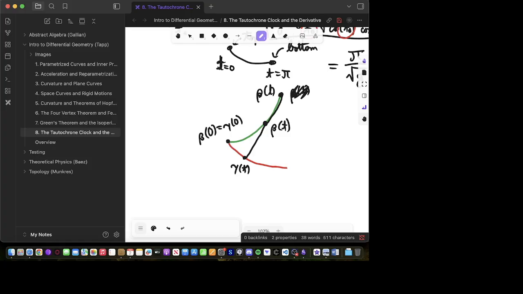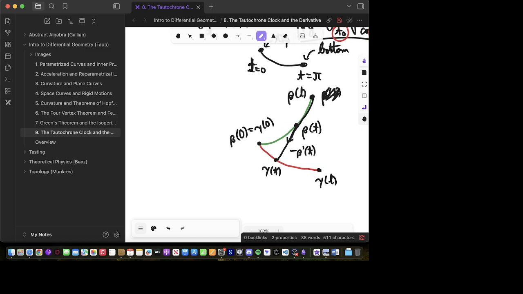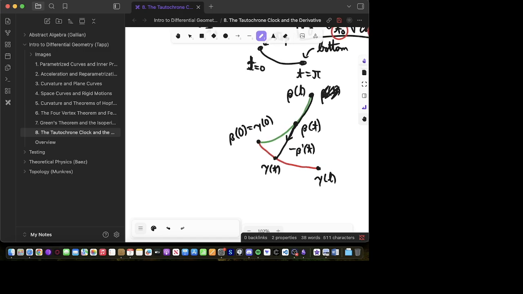And note, let's call this gamma of L, and note that the string should be, or if I drew it correctly, it should be pointing in the direction of, I believe, minus beta prime of t. So we would have gamma of t equals beta of t minus t beta prime of t.